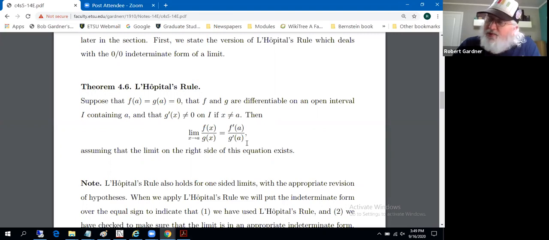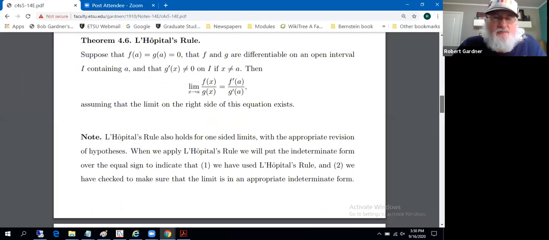Nothing to do with the quotient rule. It means what it says. It says the limit of this quotient is the quotient of the derivatives evaluated at x equals a. So yes, it deals with derivatives. Yes, it deals with quotients, but it doesn't deal with derivatives of quotients. It deals with a quotient of derivatives, which is a totally different thing, because the quotient rule for differentiation is somewhat involved.